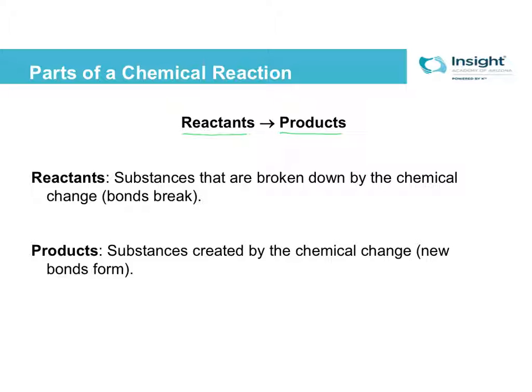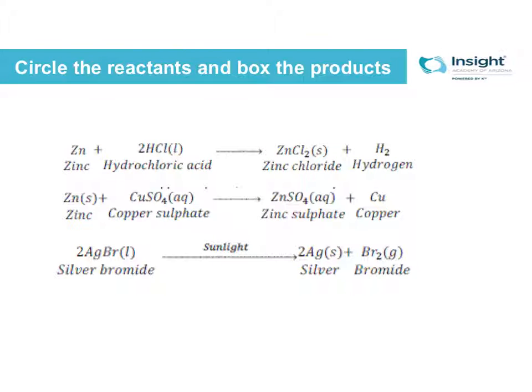So, shouldn't be hugely shocking information, but essentially from this you should be able to circle reactants, box products, and identify them fairly easily. If you need to pause and think about where circles and boxes belong, do so.